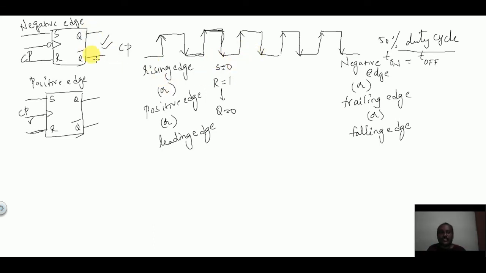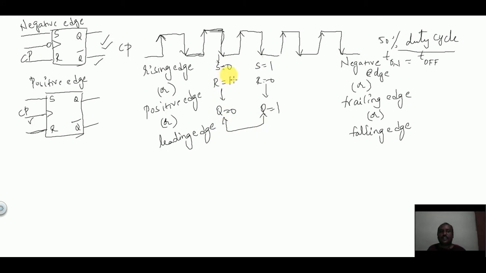Since it is a negative edge triggered flip-flop, you apply S equal to 0 and R equal to 1 at this negative edge. You can change the inputs only at the next negative edge, S equal to 1 and R equal to 0, and correspondingly you will get Q equal to 1. That is, the change in the output will occur only at its corresponding edges.